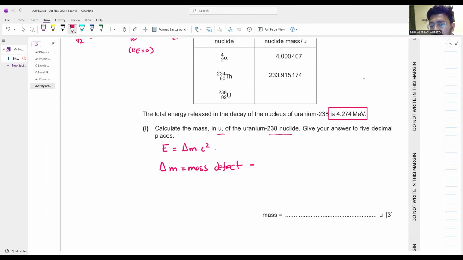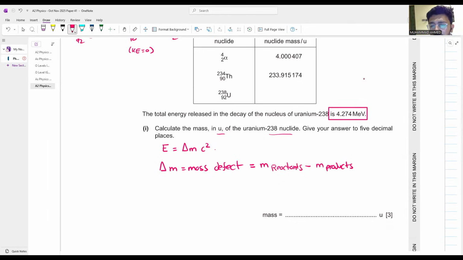Yes, do you guys remember? The mass of the reactants minus the mass of the products. Okay. Can you calculate the delta M for this reaction? क्या आप इस रिएक्शन के लिए मास डिफेक्ट निकाल सकते हो?